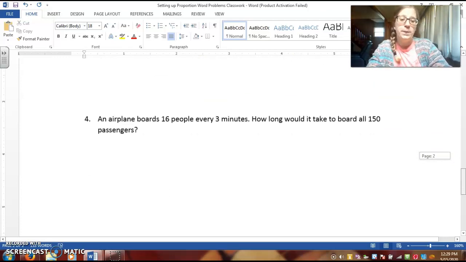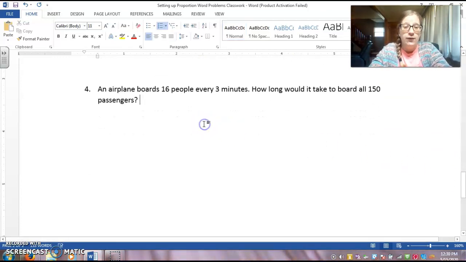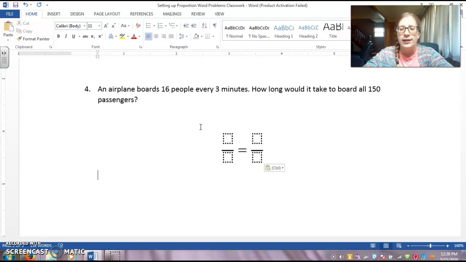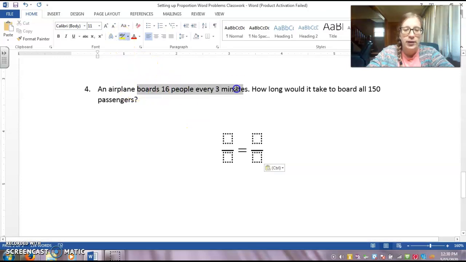Okay? Last word problem we have represents an airplane boards 16 people every 3 minutes. How long would it take all 150 passengers to board the flight? So, important details we have. They board 16 people every 3 minutes. How long is a way of saying a measure of time.